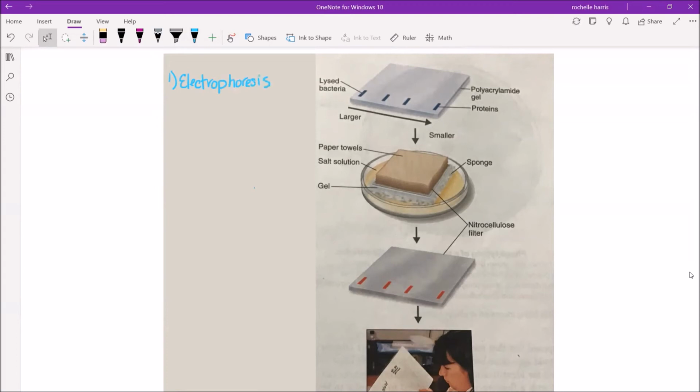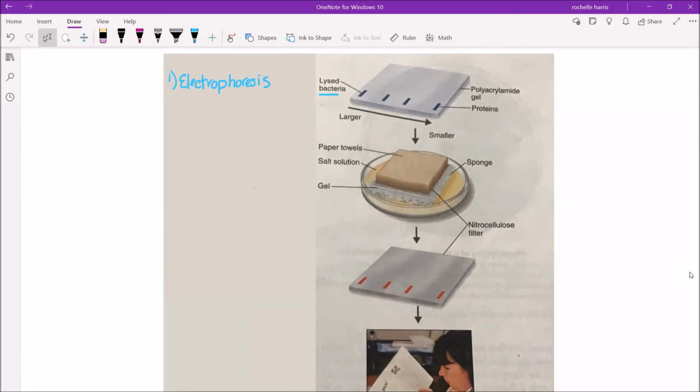Within electrophoresis, we have our lysed bacteria placed in the gel, and then an electric current flows through the gel.